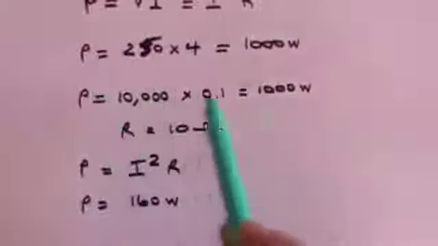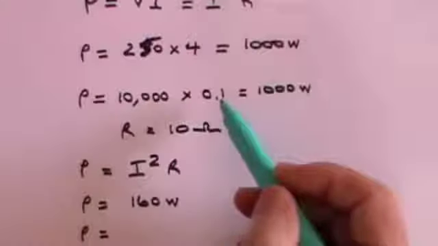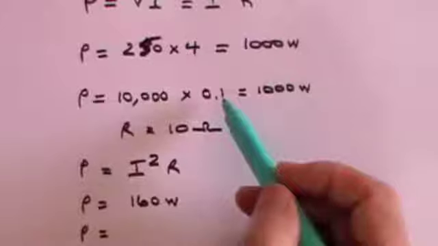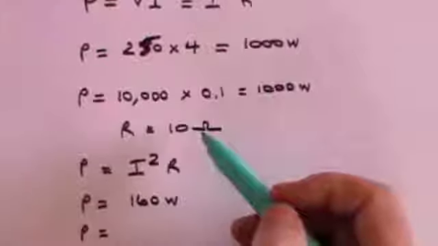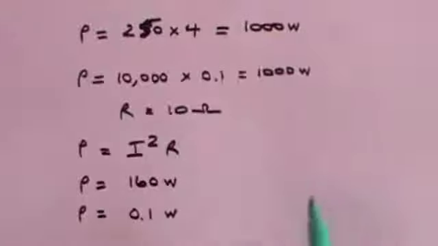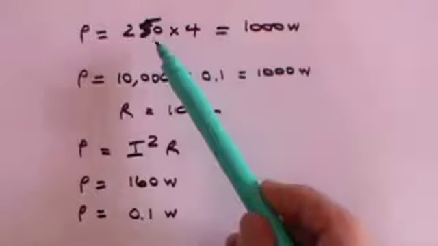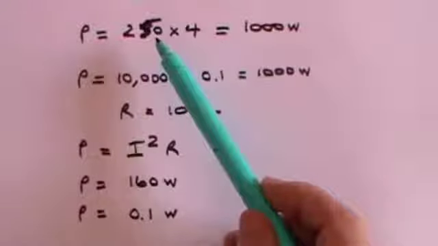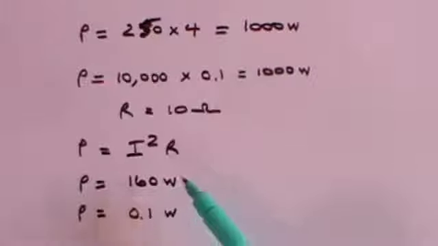On the other hand, if we take this option, the power loss is going to be the current squared, which is 0.01, times the resistance, which is 10, and that brings us back to 0.1 watts. So, if you use 250 volts, you'll get a power loss of 160 watts, a huge amount, 16% is lost.